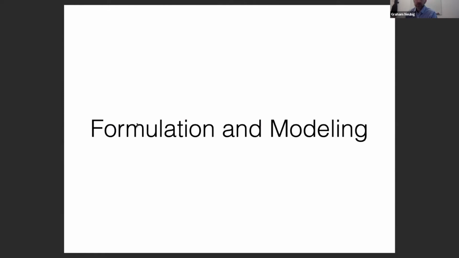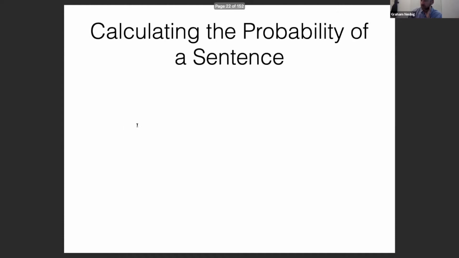Because of this, these are a very powerful and widely used variety of models. And so I'd like to go a little bit into exactly how we formulate this problem and learn these probabilistic models.